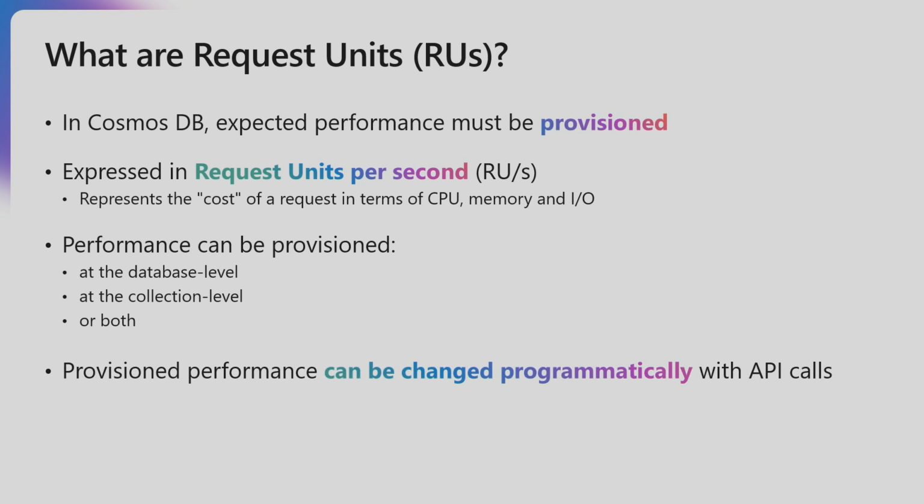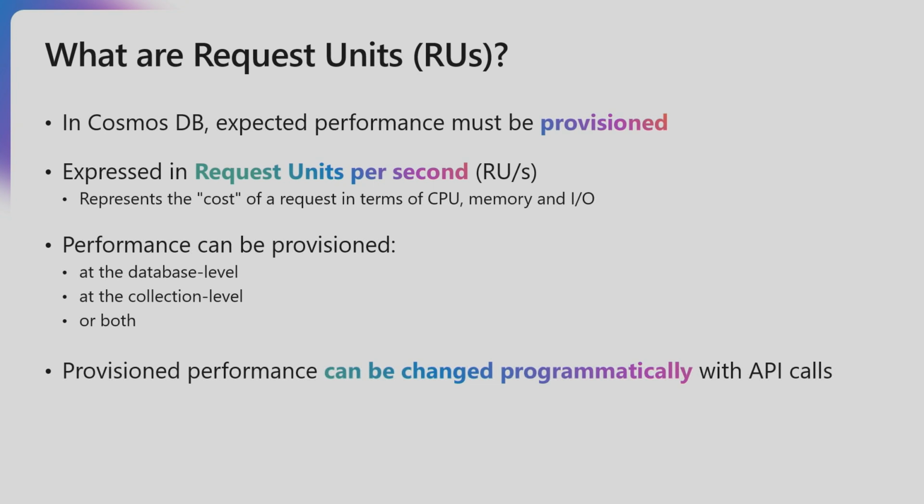A request unit is an abstraction of the cost of a request in terms of CPU, memory, and I/O, and it can either be provisioned at the database or container level. You can also change your performance programmatically, but in this case, request units per second when you provision means that at any second, all of your requests can burst up to the amount of RUs that you've provisioned per second.